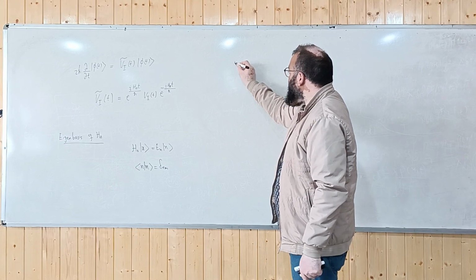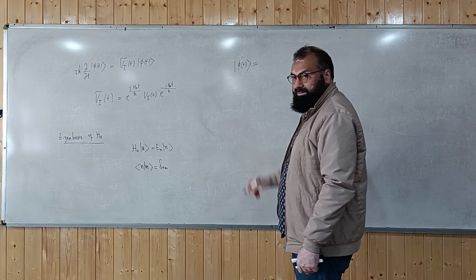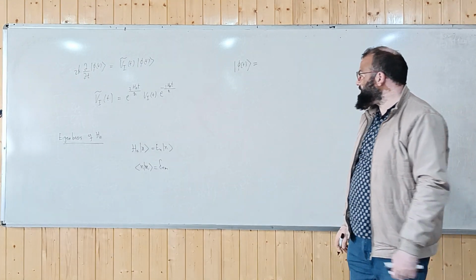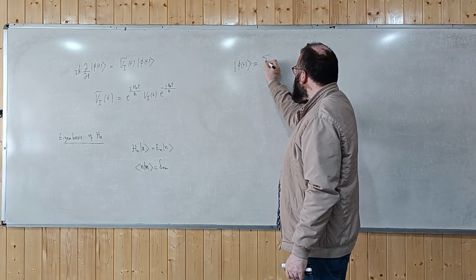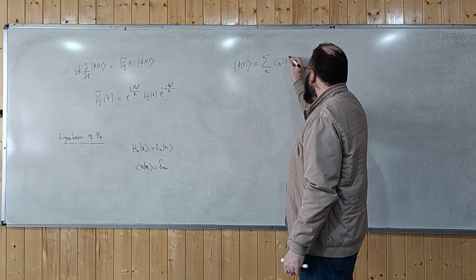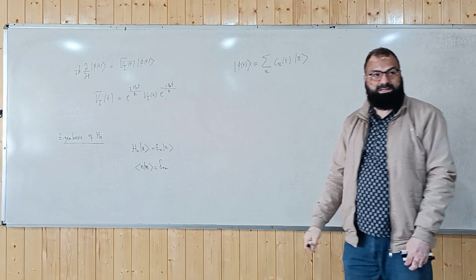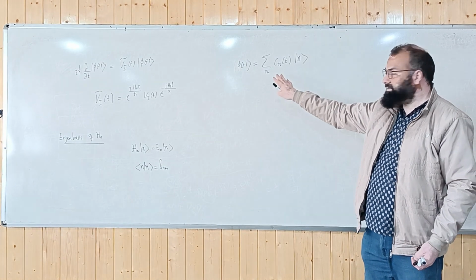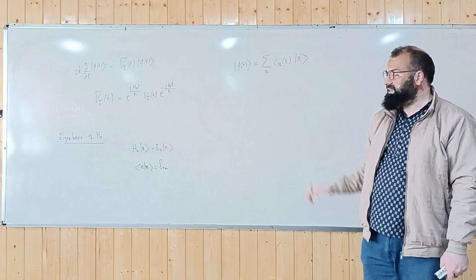So I will take an arbitrary state |φ(t)>, a time-dependent state at any arbitrary time. Clear? It's a valid expansion. I'll write some coefficients C_n(t) that depend on time, and the |n> states. So this is the basis expansion of an arbitrary state φ, valid for any time t.